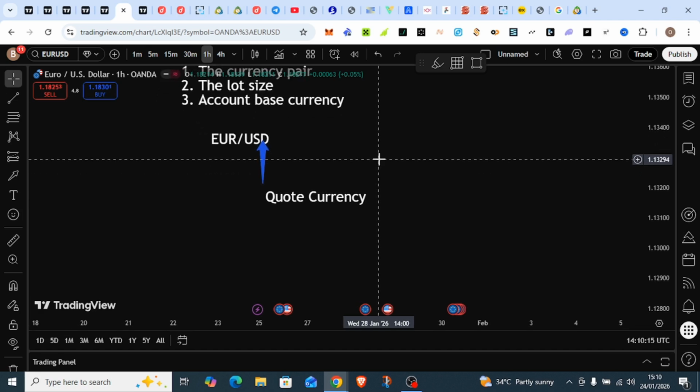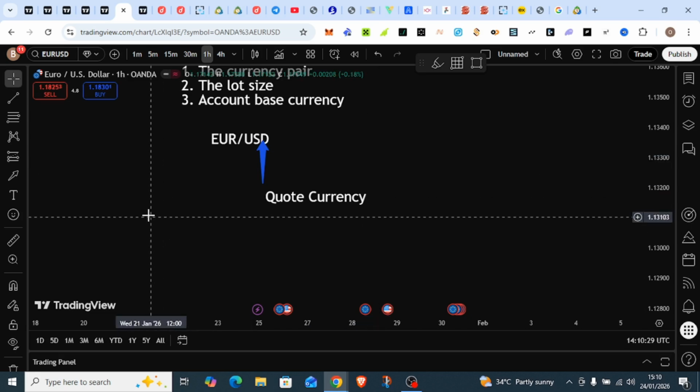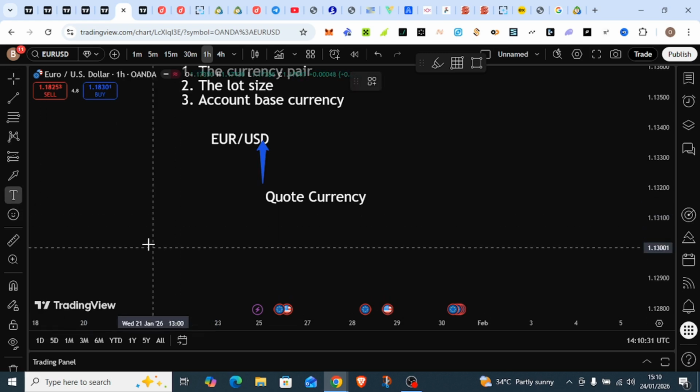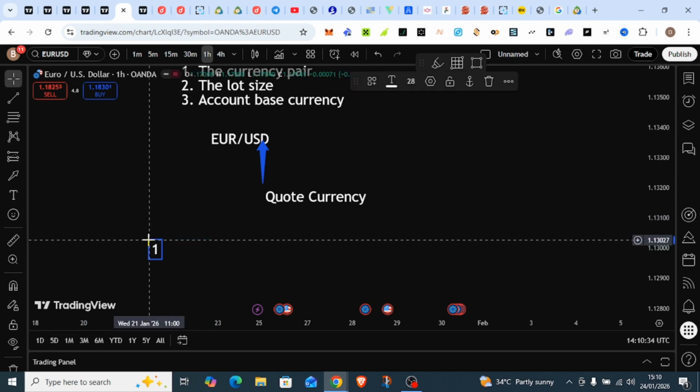So general formula for Pip value. A standard lot is equal to 100,000 units. So let's write it. One standard lot is equal to 100,000 units. Good.